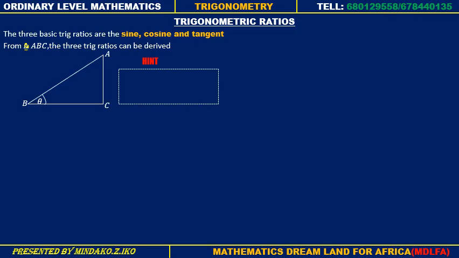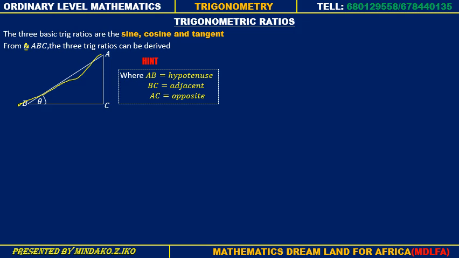Now I'm going to define the various sides AB, BC and AC. We have that AB is equal to the hypotenuse. AB is from here right up to B. From primary school we know that the longest length of a right angle triangle is the hypotenuse.